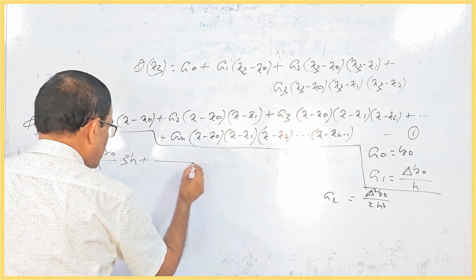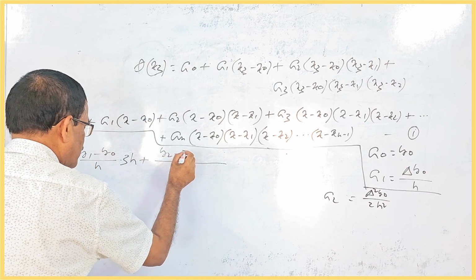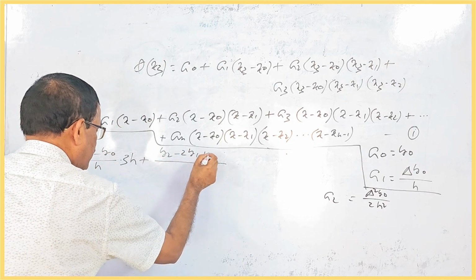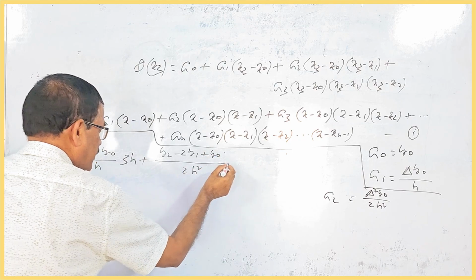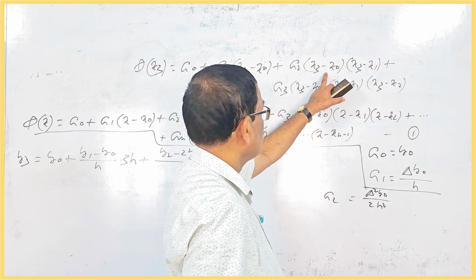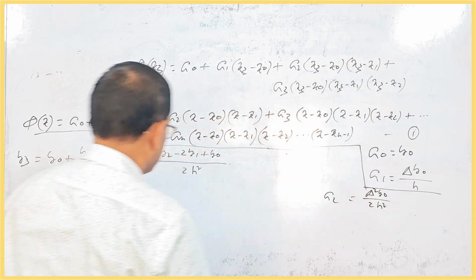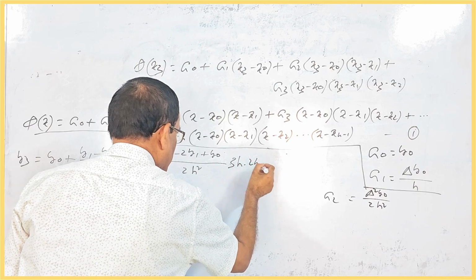A2 is equal to y2 minus 2y1 plus y0 divided by 2h square. Then this is multiplied by 3h and 2h.